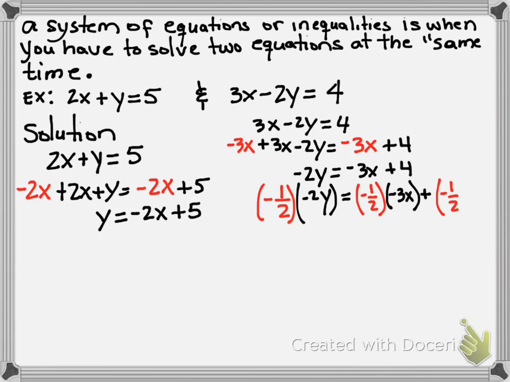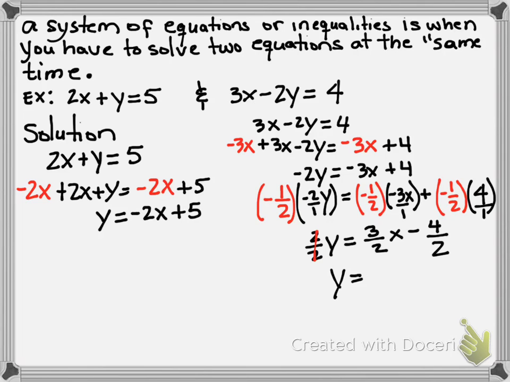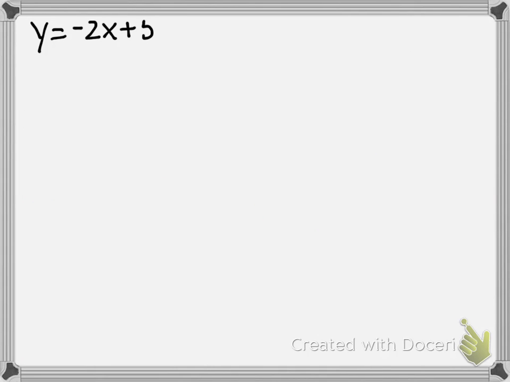That works as well, but I want you to get used to multiplicative inverses and reciprocals. So we end up with y equals 3 over 2 x minus 2. Now we've got the two equations, ladies and gentlemen.